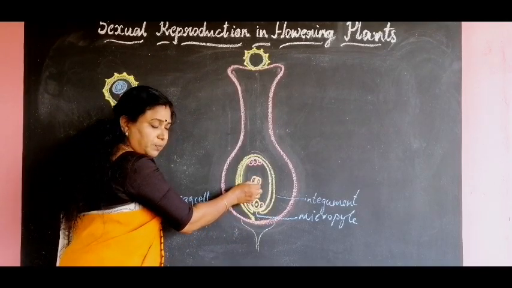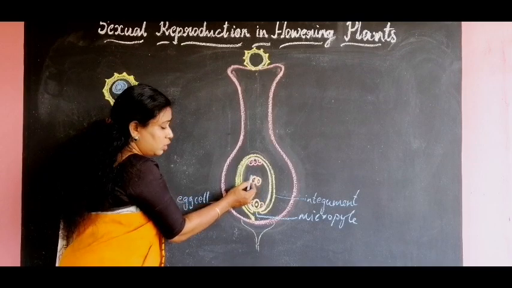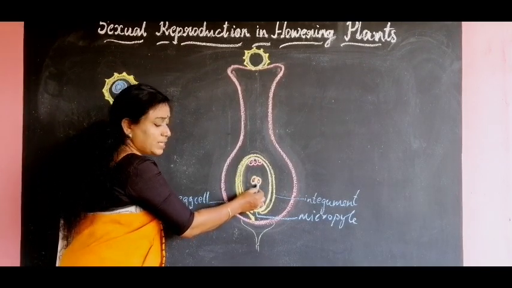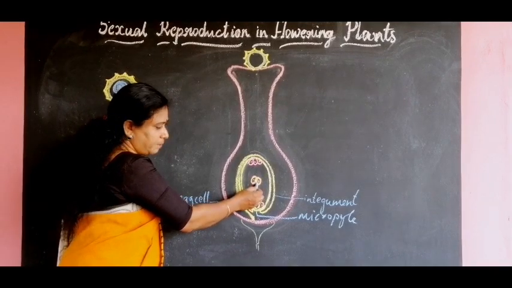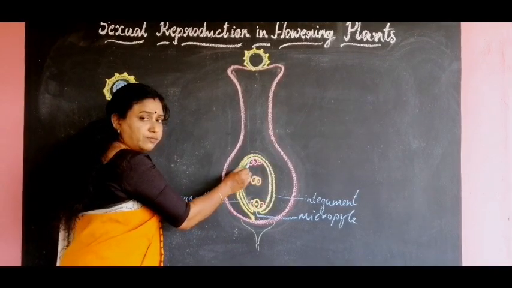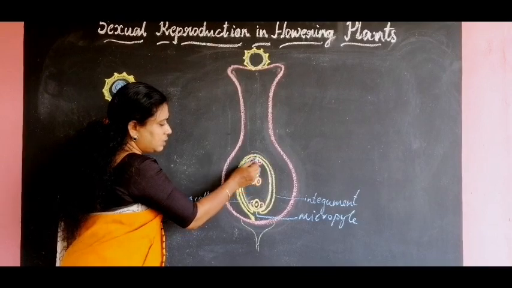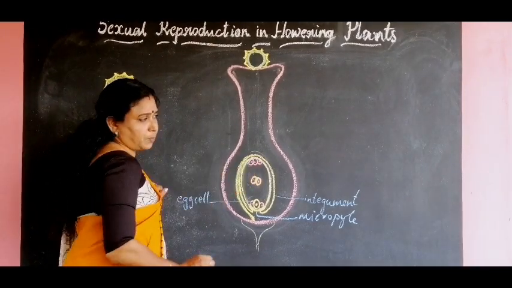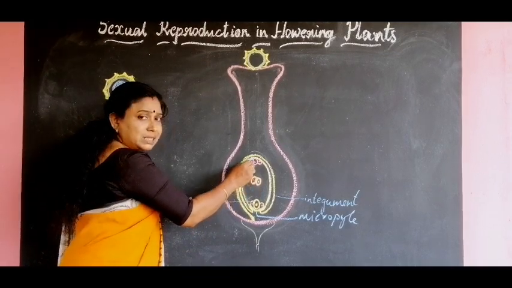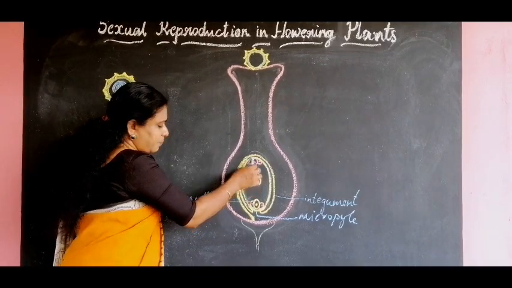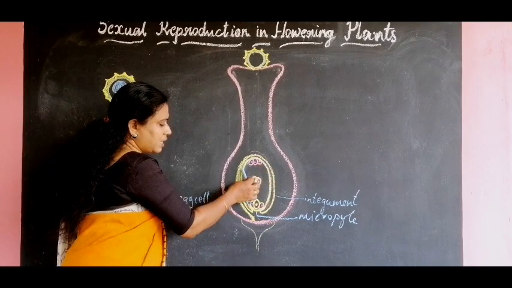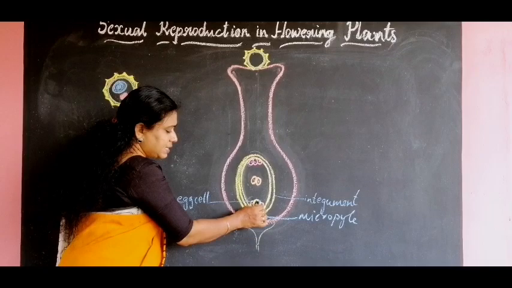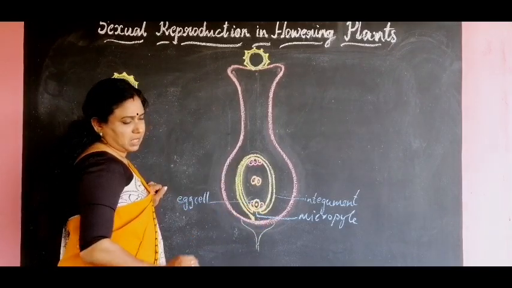At the center we can see a cell with two polar nuclei, otherwise called the secondary nucleus. Another set of three cells is present at this end, which are called the antipodal cells. You don't need to study all these cells in detail, I just mentioned them. The important thing is the egg cell, or the female gamete.